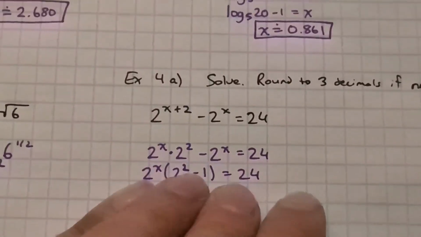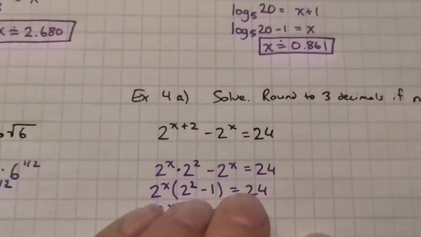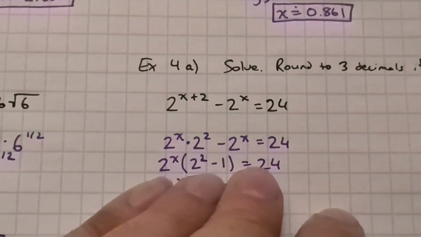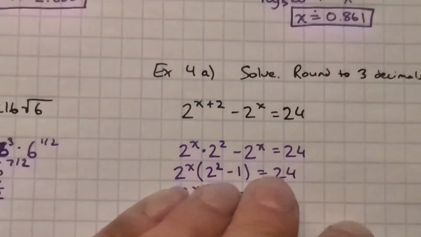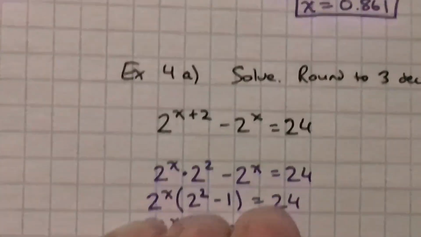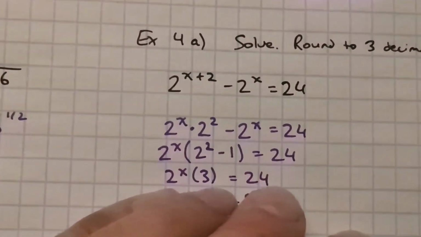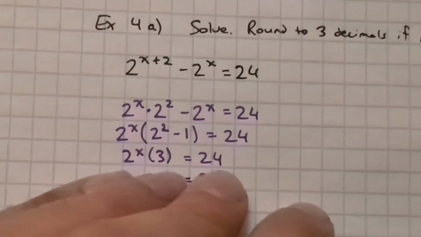And then, well, this was just negative 2 to the x, so I would get a factor of negative 1 there. And if that looks strange, try multiplying that back out. Distribute your brackets. But 2 squared minus 1, I get 3. 4 minus 1, I get 3.